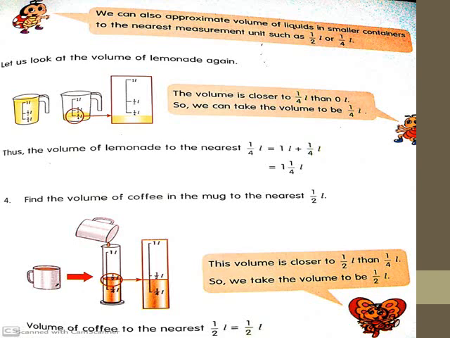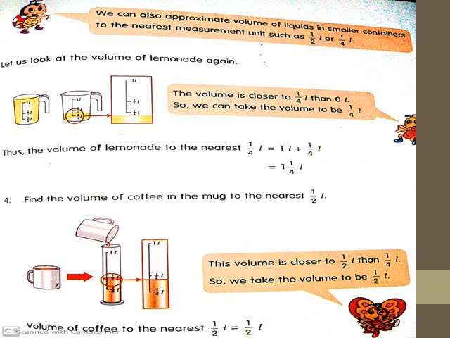Even you can see in the picture, so we can take the volume to be quarter liter because it is closer to quarter liter. And there is one more measurement unit, which is 0, exactly the bottom, but it is nearer to 1/4 rather than 0. So that's the volume of lemonade to the nearest quarter liter.